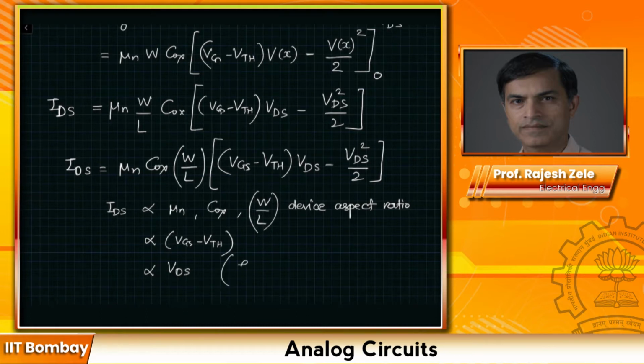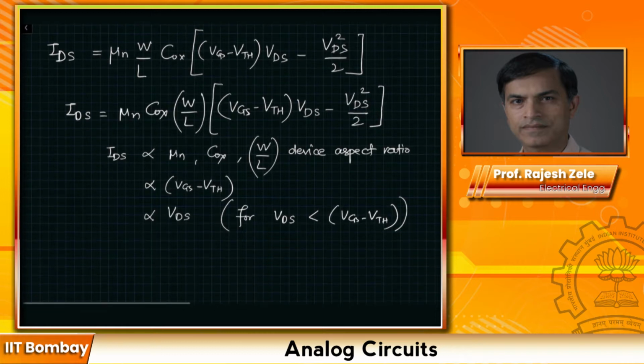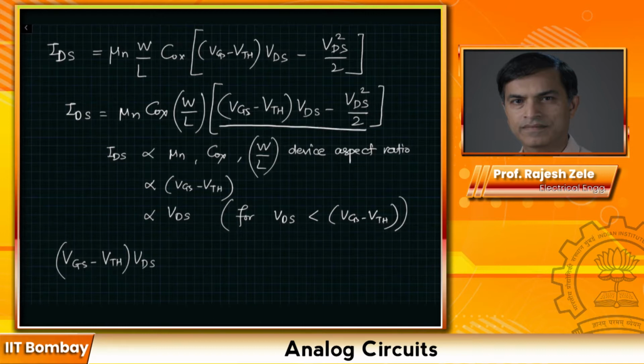and this is valid for VDS less than VGS minus VTH. Let me show you where this comes from. If you look at this particular expression, which is inside, we can say that if VGS minus VTH times VDS is much greater than VDS square divided by 2, if that is the case, then you can see that the IDS will be proportional to VDS.